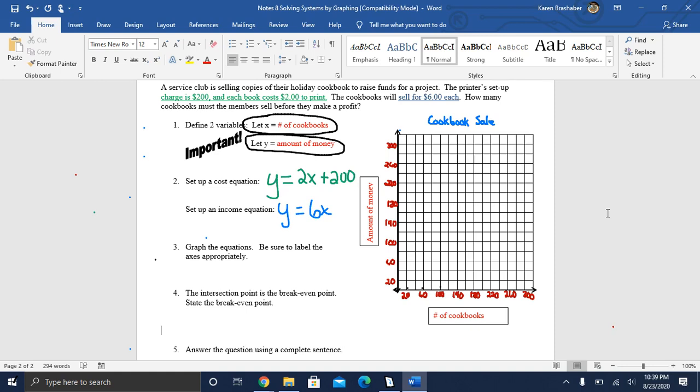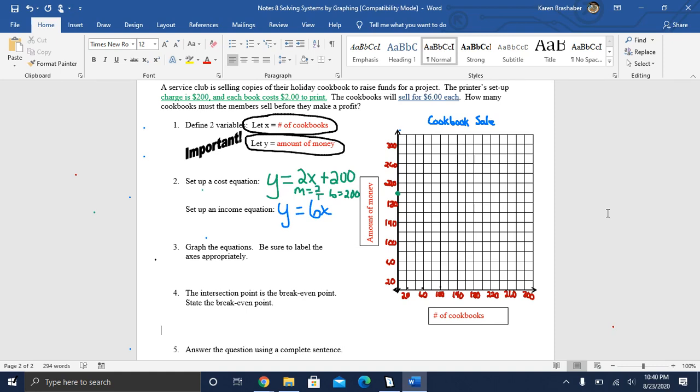I'll start with my first equation, which was the cost. That graph starts at 200. So 200 on my graph is actually right here. It's in between the 180 and the 220. My B is 200, and my slope M is 2.